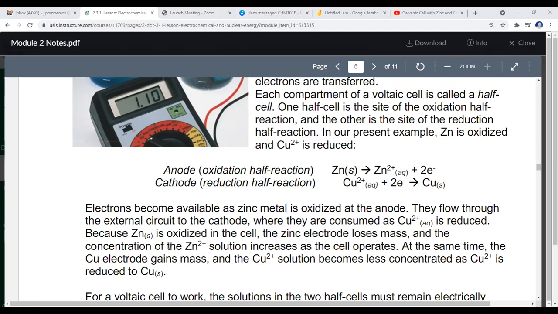An increase in the zinc 2 plus solution results in a decrease in the concentration of the copper solution. Why is that? Because your copper 2 plus cation is converted to zero charge copper, a neutrally charged copper. So that is why it's now converted into copper, not copper 2 plus. So this gains mass while the other one loses. So take note, the anode loses mass, the cathode gains mass.